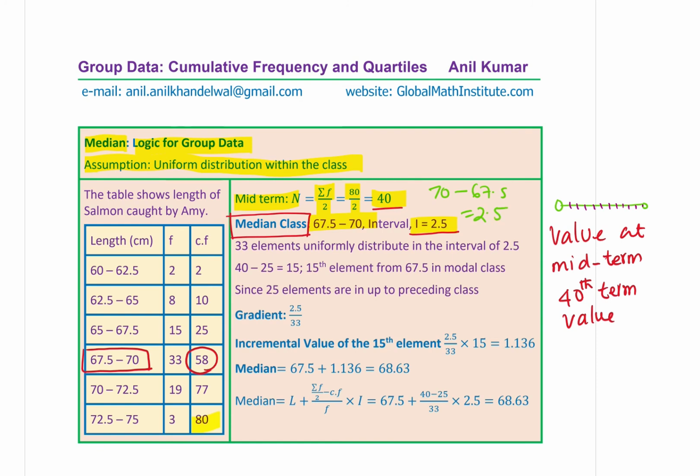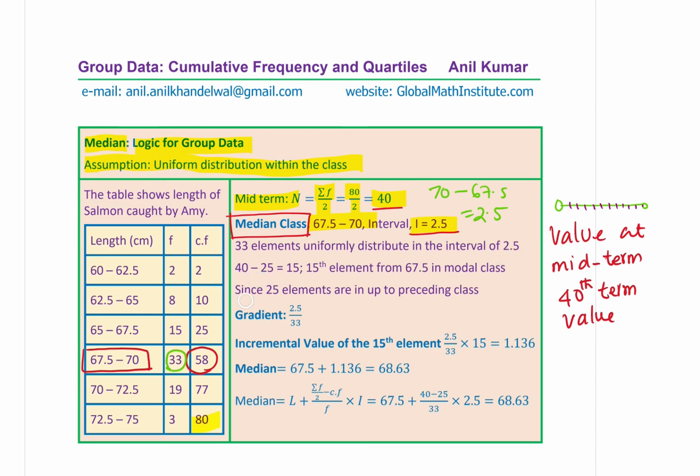Now, within this interval of 2.5, 33 elements are existing. That is the frequency. So within this interval, we have 33 points. We need to find which one is representing the 40th position.